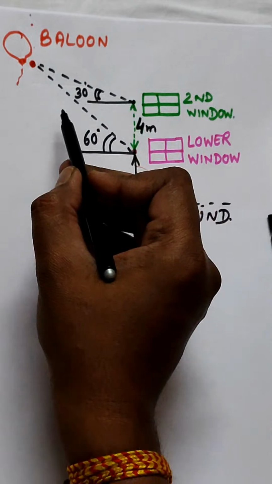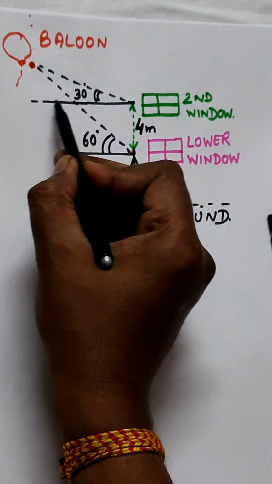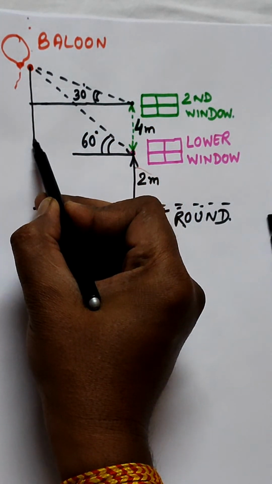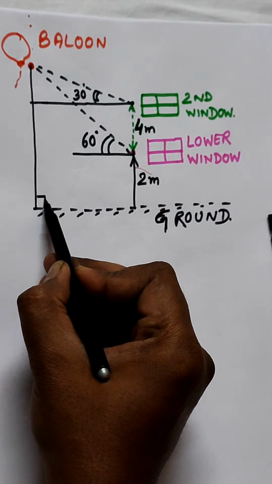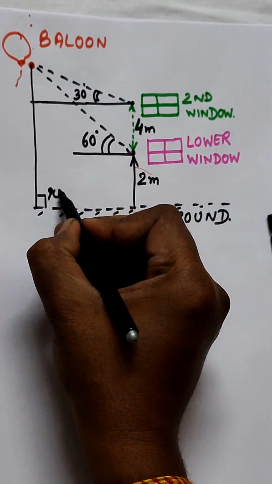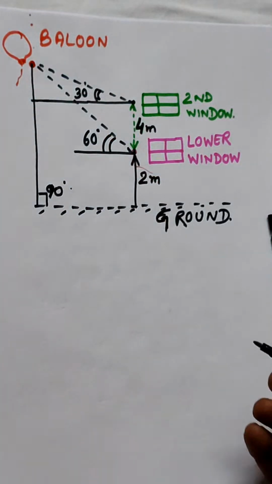Now just draw a straight line like this and connect the balloon height directly to the ground. So this will be the vertical height and this will be at 90 degree, because this is a straight line and it's a perpendicular.